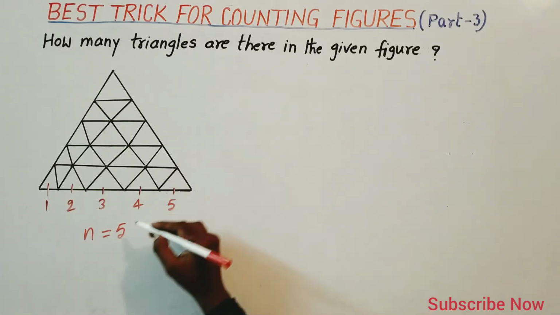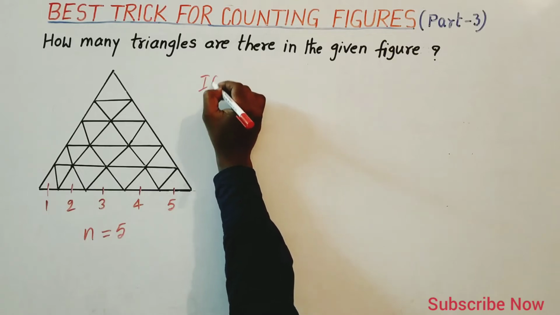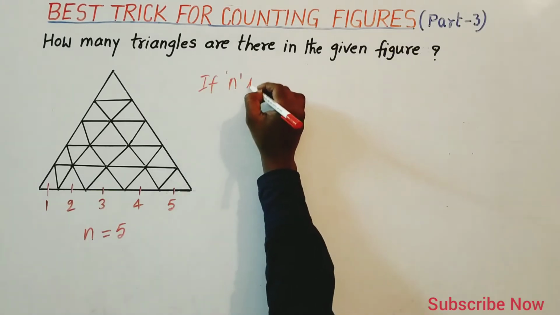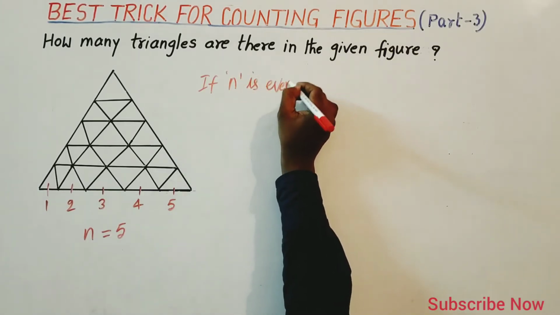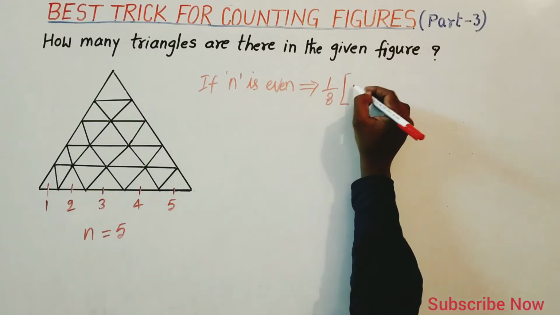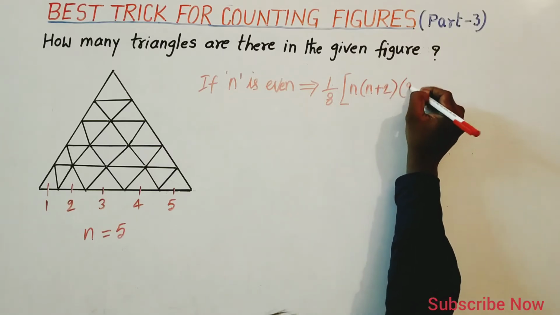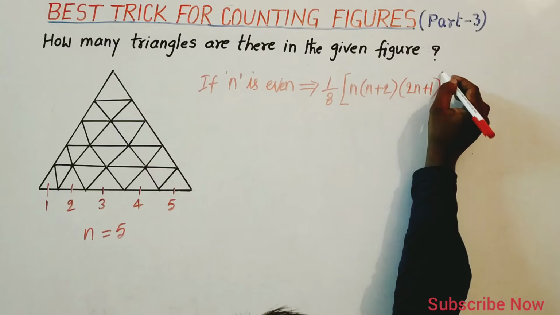And if the n value is even, I told you in the previous problem that you use the formula 1 by 8 of n into n plus 2 into 2n plus 1.